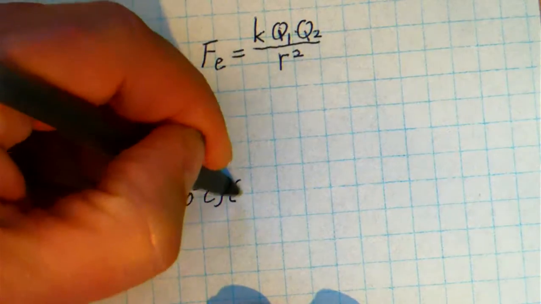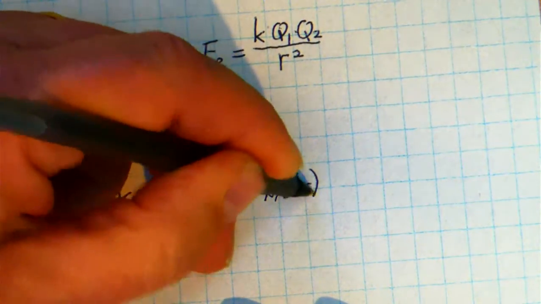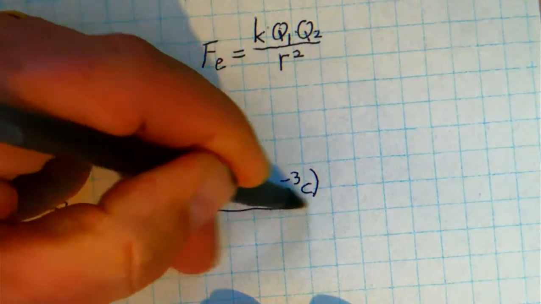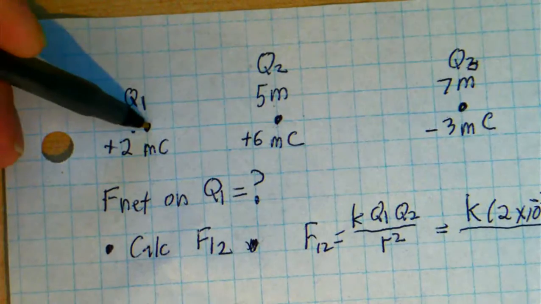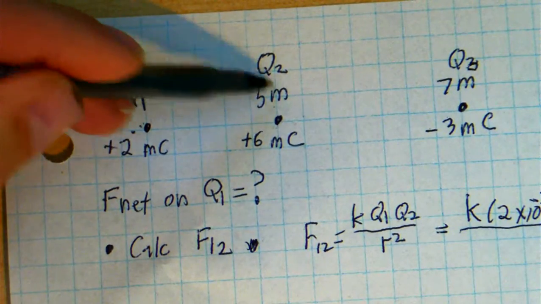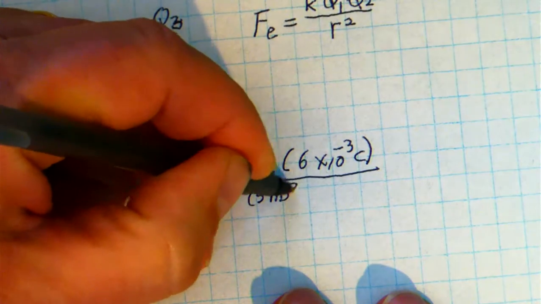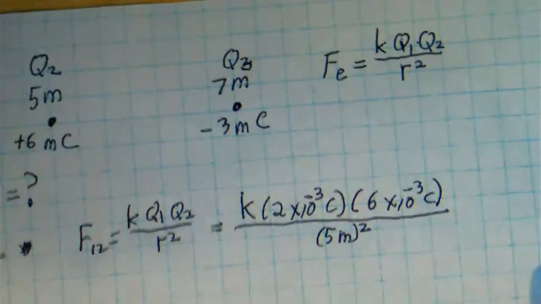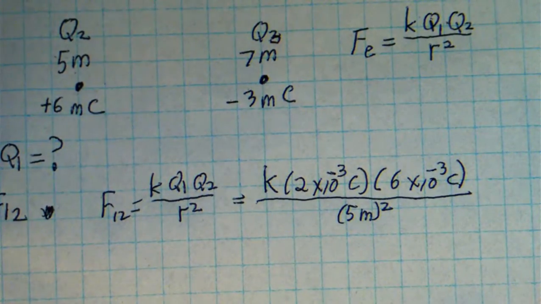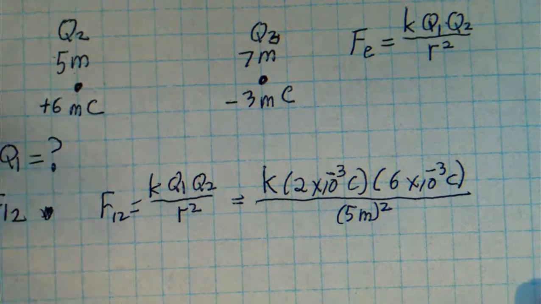So that's times 6 times 10 to the negative third coulombs divided by the distance from Q1 to Q2, which is 5 meters, squared. I don't remember if I said this before I started the recording, but we're going to presume that all of these values are known to 3 sig figs.